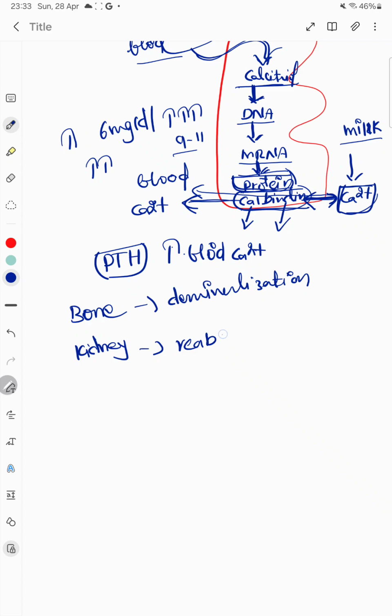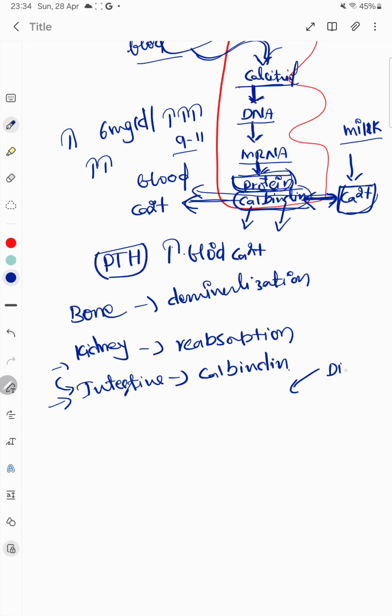Kidney reabsorption occurs by the PTH. And PTH acts on the intestine indirectly. First it acts on the kidney, and thereby the intestine produces calbindin. Calbindin brings the dietary calcium into the blood.